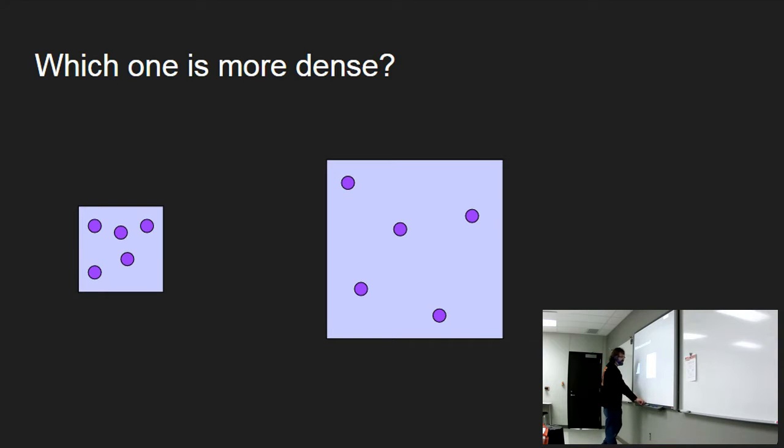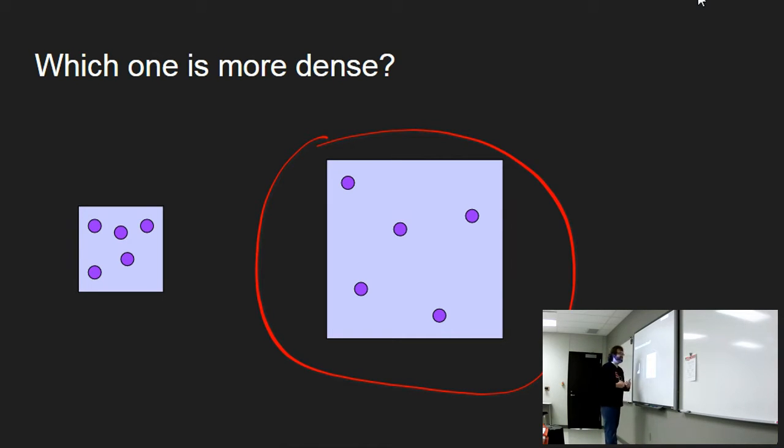Well, since there are 5 people in both scenarios, and the one with smaller volume is more compact, the one on the left is more dense. If we switch to cheese, thinking about it as Swiss cheese again, they both have 5 holes in them. So the one that would be more dense would be the one on the right, because again, there's more matter. It does occupy more space, but since they have the same size holes, definitely the one on the right is more dense.